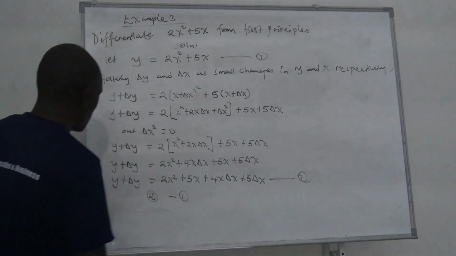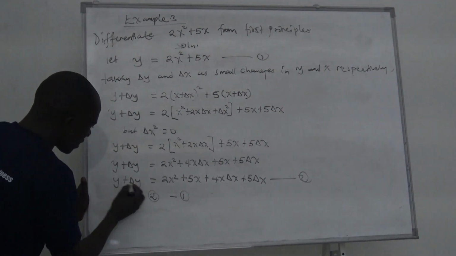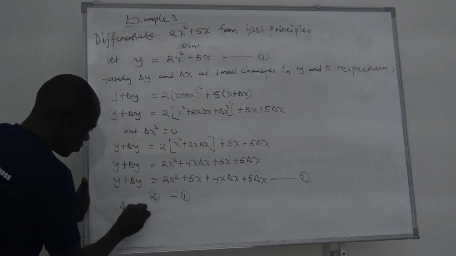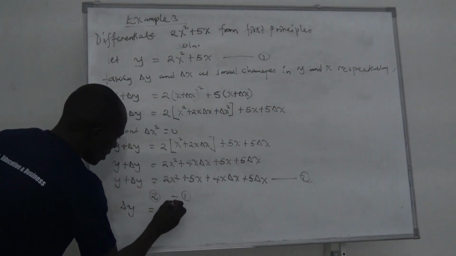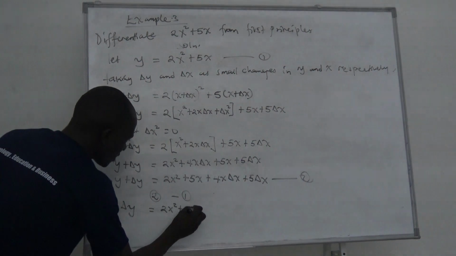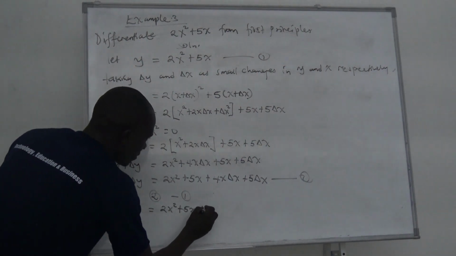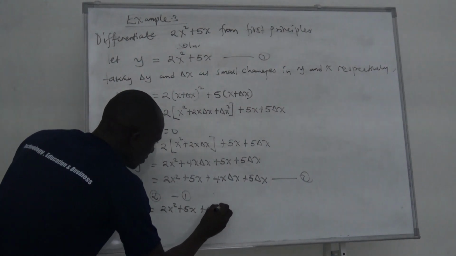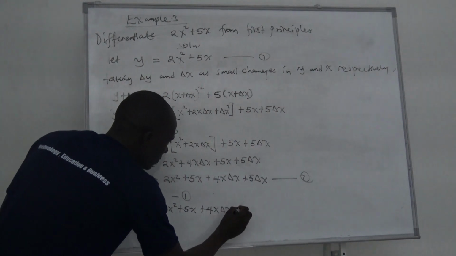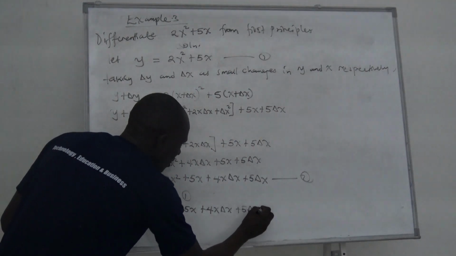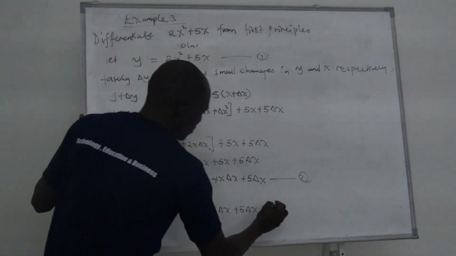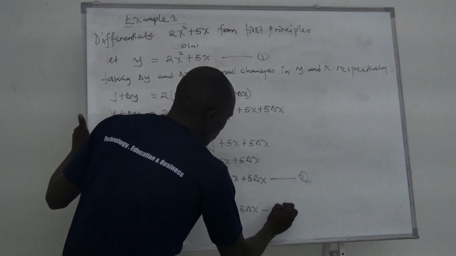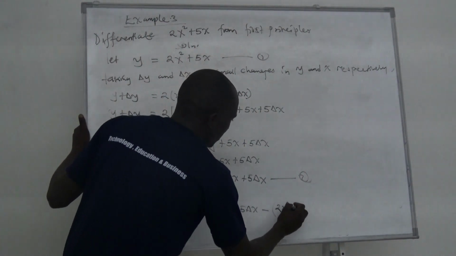What is equation 2 having? You subtract, you remain with delta y equals equation 2, the way it is: 2x squared plus 5x plus 4x delta x plus 5 delta x minus. What is the first equation saying? The first equation is having 2x squared plus 5x.